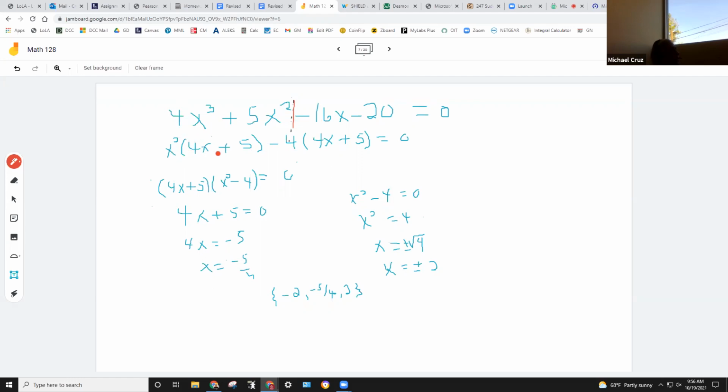So it's x squared times 4x plus 5. So that's factored greatest common factor on those terms. And with factoring by grouping, always on the third term, bring down that sign, negative, and then we look for the greatest common factor here. In this case, it's just 4. So we have negative 4 right there. And then negative 4 into 16x gives us 4x. Negative 4 into negative 20 gives us plus 5.